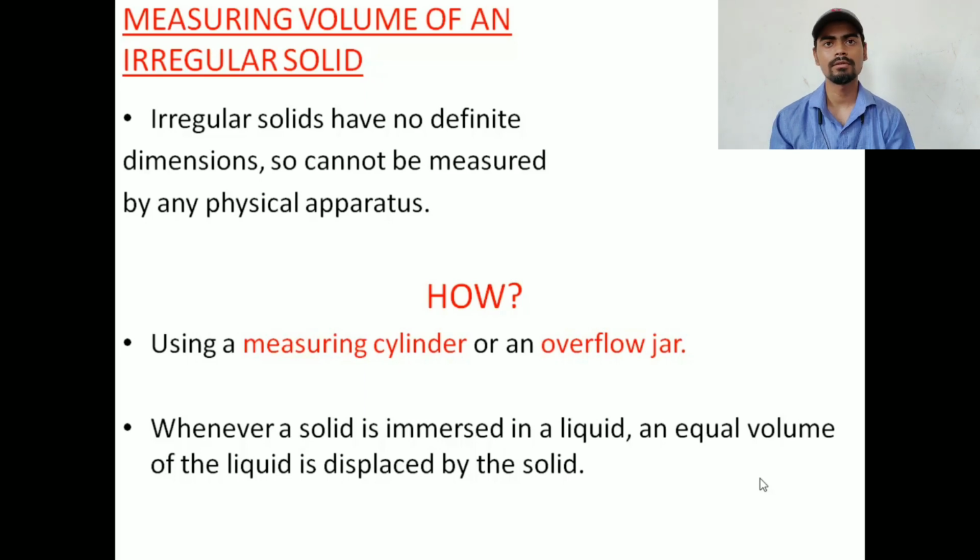But what happens if a huge, very fat fellow jumps inside the swimming pool? Obviously a large amount of water is going to be displaced. So whenever you immerse a solid into a liquid, an equal amount of liquid, of the same volume as that body, is displaced.